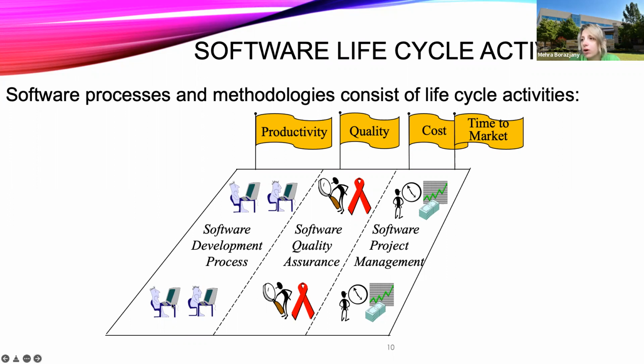So, we have our entire development process. We have our QA teams. Also, many organizations used to break and organize the teams based on that. So we have a whole team or multiple teams of developers, and then we have our QA team, and then we have our management team.